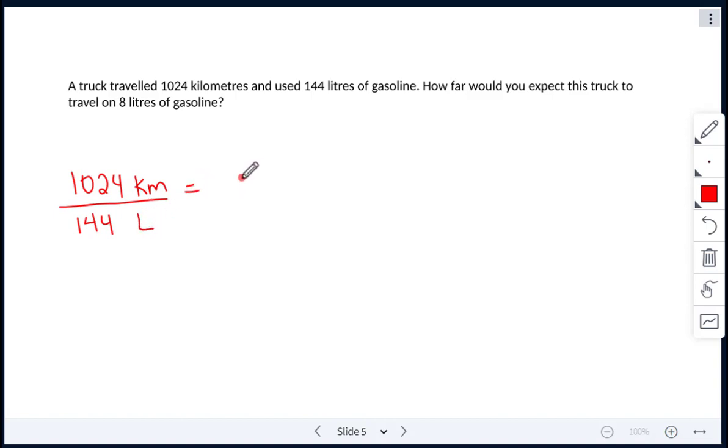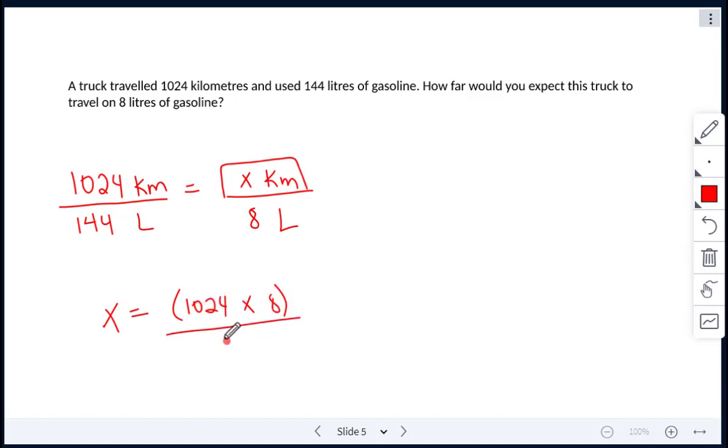Okay, how far would you expect this truck to travel? So X kilometers, if it was 8 liters. All right, so this is what we don't know. That's what we're trying to figure out. So to solve, cross multiply 1,024 times 8, and then we're going to divide by 144.